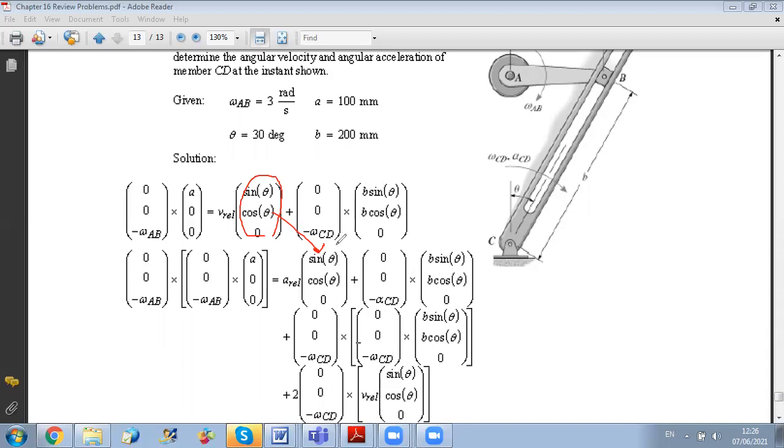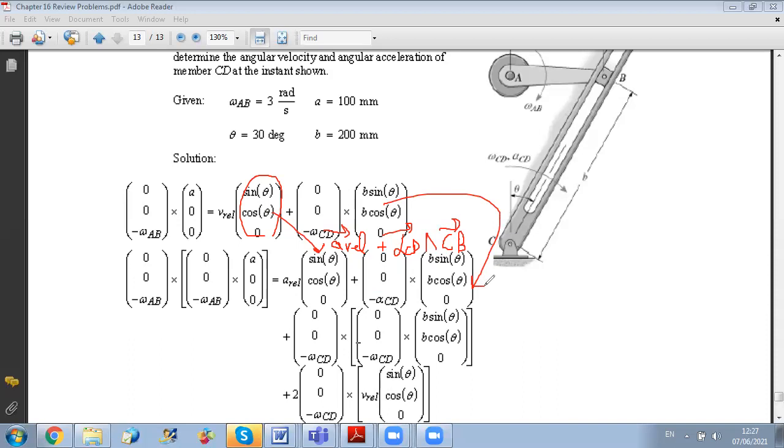Plus what? So this is the A relative vector. Plus alpha CD, which is unknown. Here they assumed it is clockwise, this is why they put minus alpha CD, vectorial CB. And vector CB we already got from the first step, so you just replace it by this vector, it's the same here: B sine theta along i plus B cosine theta along j.